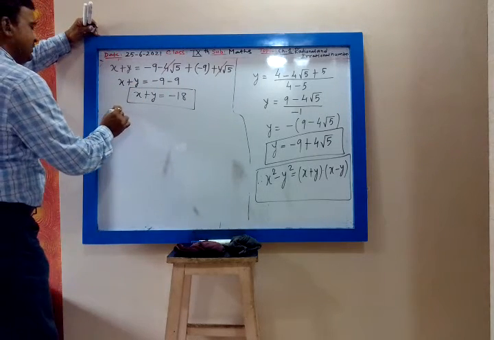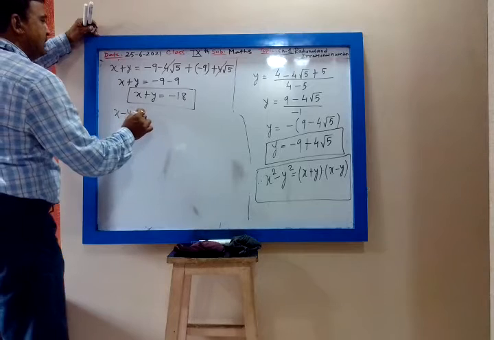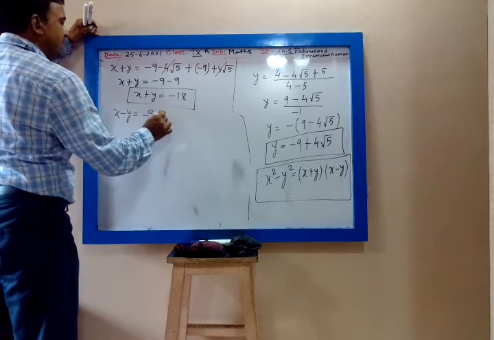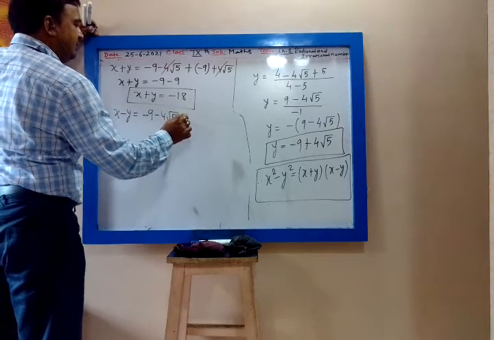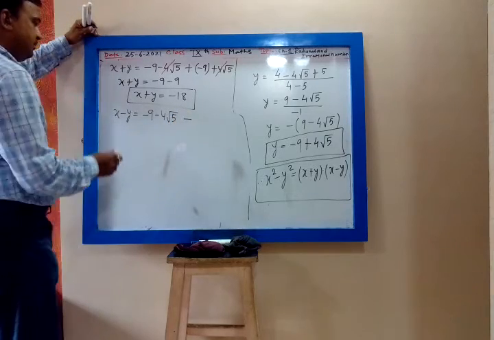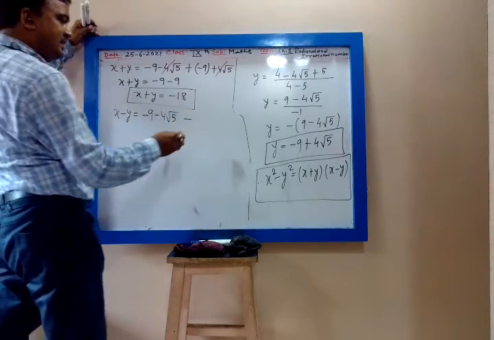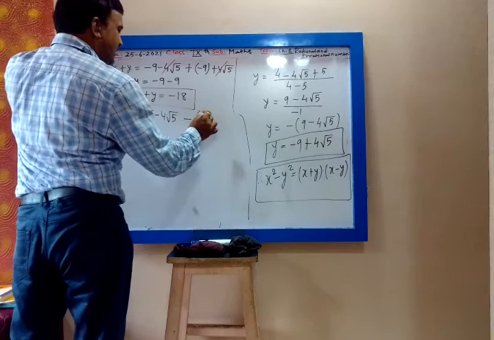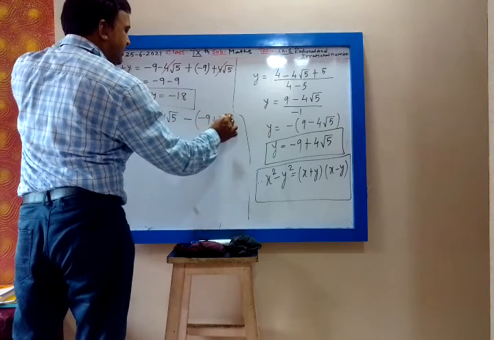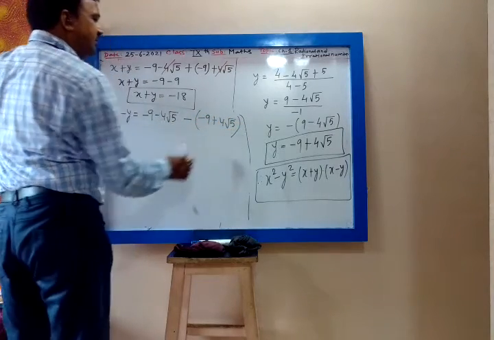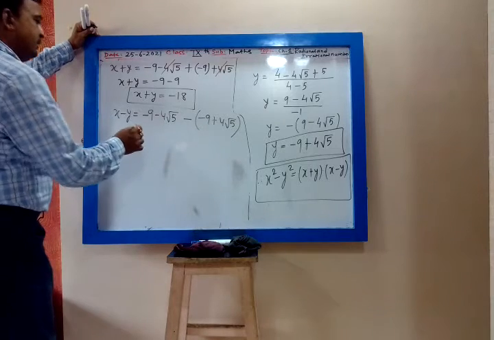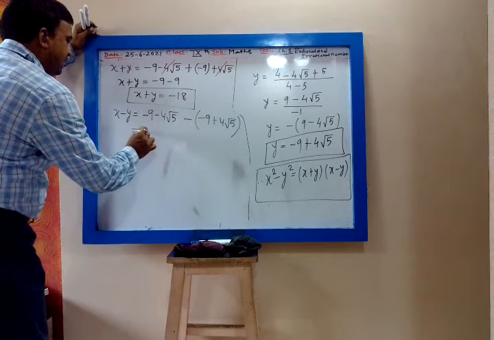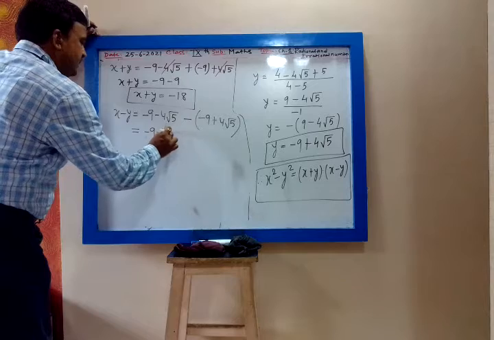Let us find x minus y. X minus y, x is minus 9 minus 4 root 5. Then minus sign is there. Minus 9, minus 9 plus 4 root 5 whole bracket. Correct? So let us simplify. Minus 9 minus 4 root 5.